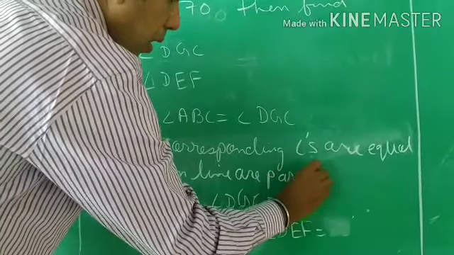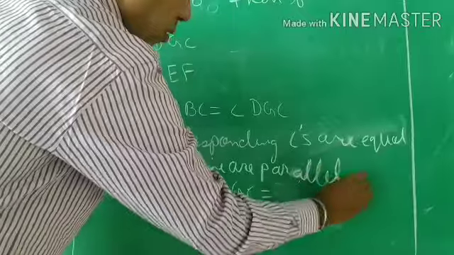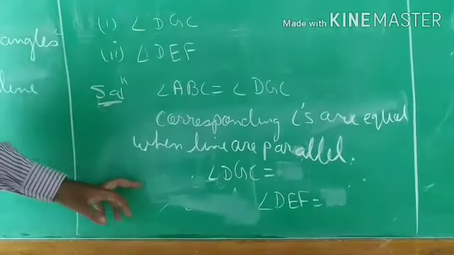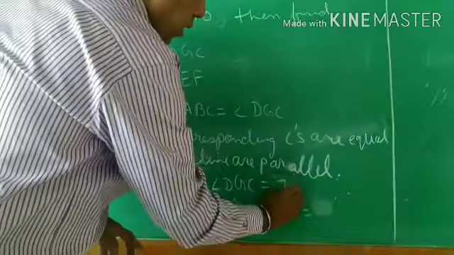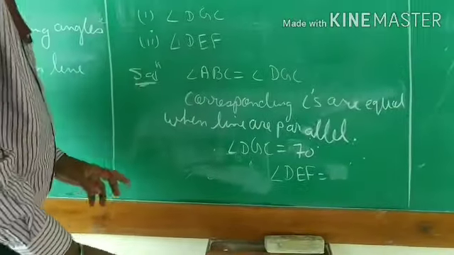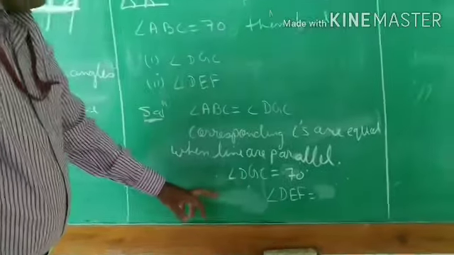It is a parallel. Over here, similarly, so what is the answer that comes here? DGC comes how much here? It is 70 degree. Got it? Now DGC is 70. Now I wrote.